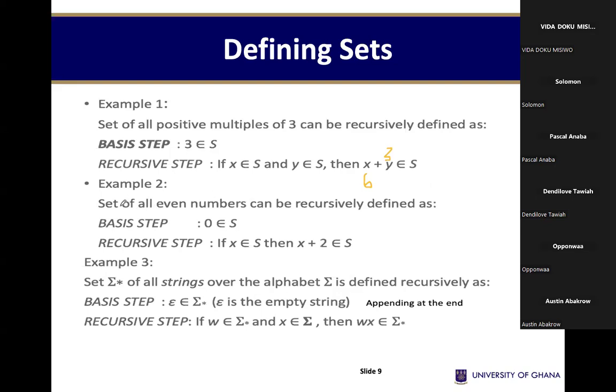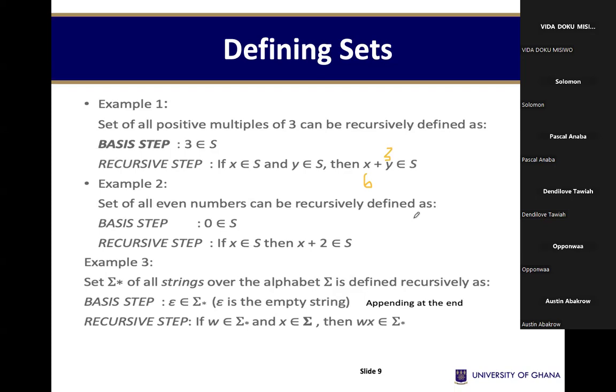The same applies to example 2, right? Which is dealing with even numbers. An even number is any number that, when divided by 2, will not leave any remainder. So you should know by now that what you knew back in senior high school as even numbers are 2, 4, 6, 8, 10. At the university level, we should also prove to you that 0 is also an even number.